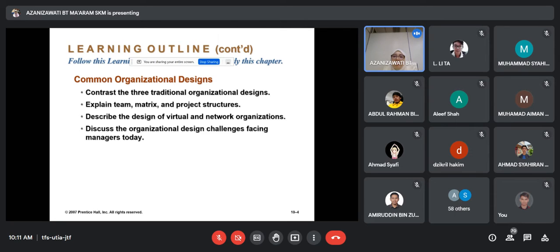If during the pandemic you conducted a class project, you also formed a virtual team, isn't it? Because you just contacted through the internet, through call and video call, and discussed virtually. So that is the organizational structure nowadays. And then discuss the organizational design challenges facing managers today.